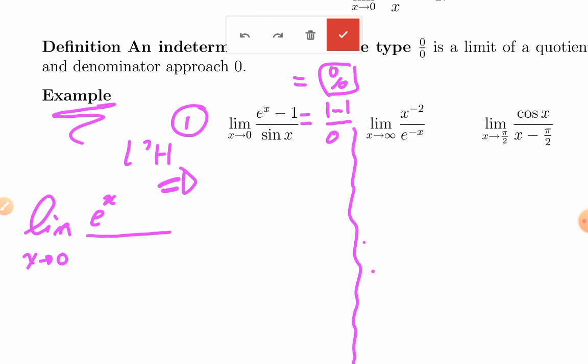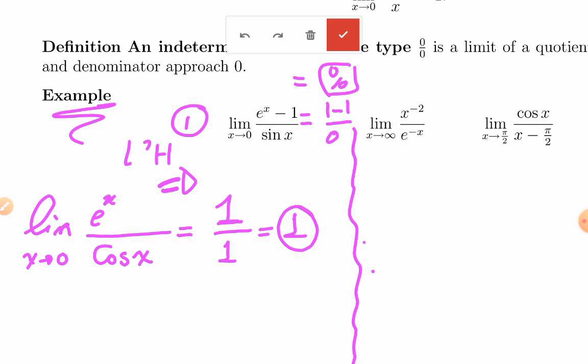The derivative of 1 is 0, over the derivative of sine, which is cosine x, and then substitute e to the power of 0, which is 1, over cosine 0. Substitute 0 for x here, cosine 0 is 1. So my answer is 1.